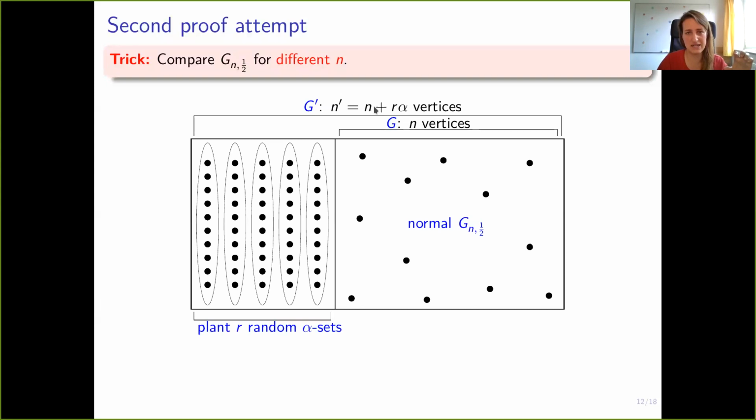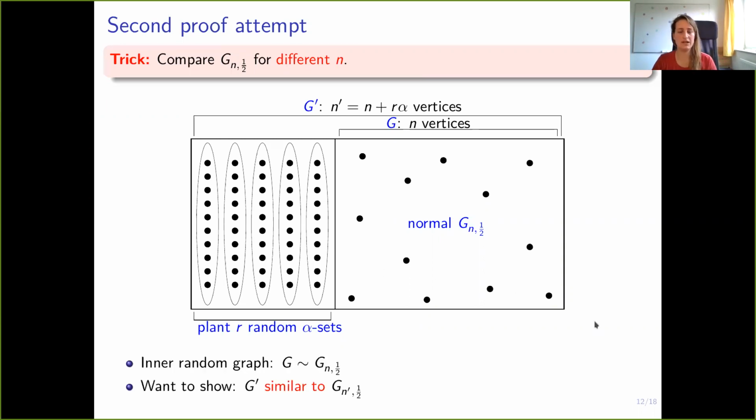So n' is n plus r times alpha, and I want the difference to consist of these independent alpha sets. So it's not clear, of course, how I might get such a construction, but this is the thing I want. I'm not telling you yet what I then plan to do with this construction, but maybe it's plausible that this would be a useful thing to have to study the chromatic number.